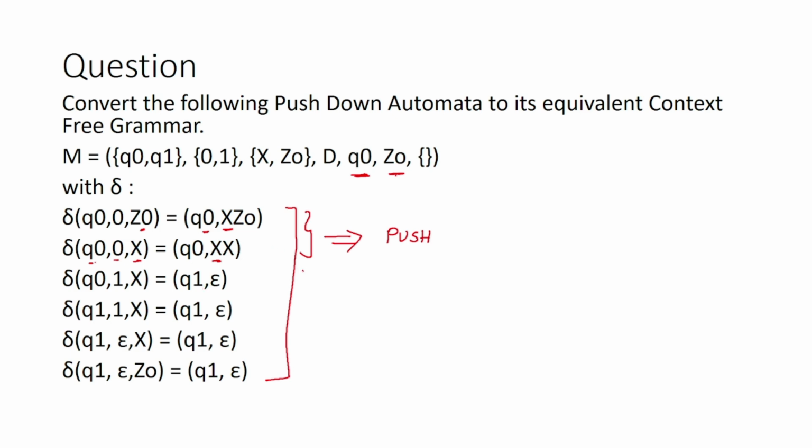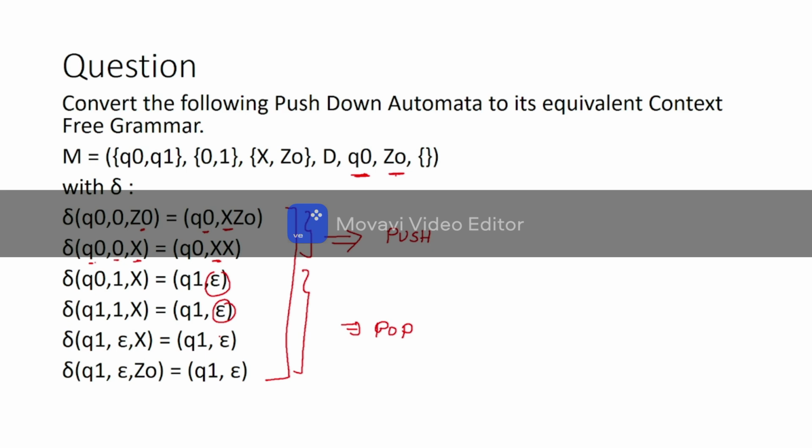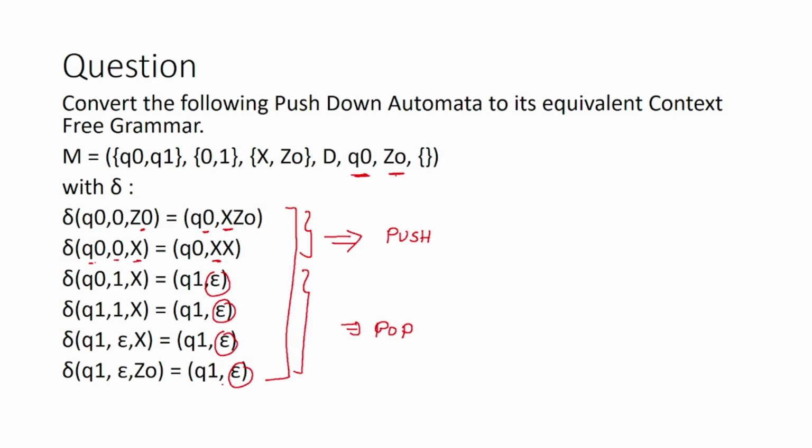The rest of the four transitions are doing the pop operation. This can be clearly identified from the symbol epsilon here. So, this epsilon represents the pop operation, right. Usually epsilon represents the empty string, but here this epsilon represents the pop operation.